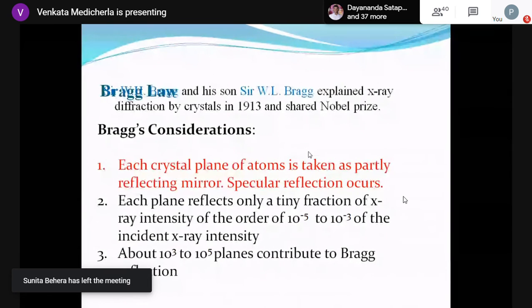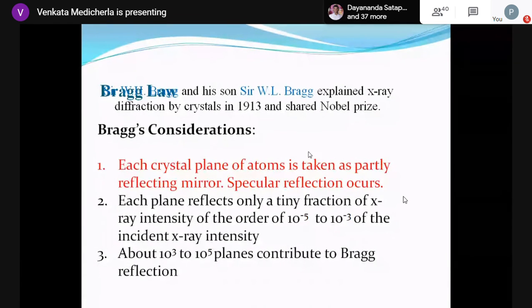So each plane reflects specularly. That's the proposition he made. It works very well. But when you assume that a crystal plane is like a reflecting mirror, you are assuming it as a continuous mirror, right? Mirror means continuous. He has assumed it like that. Okay, but let's see how it actually works.